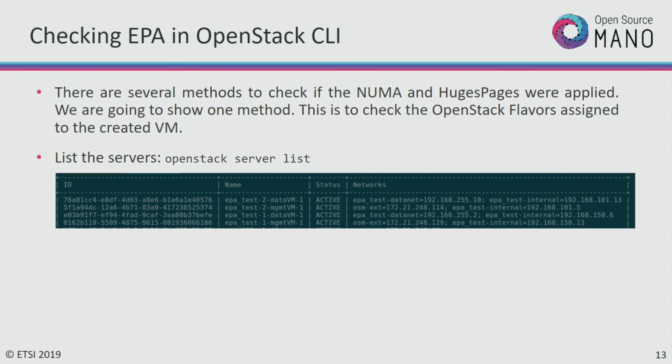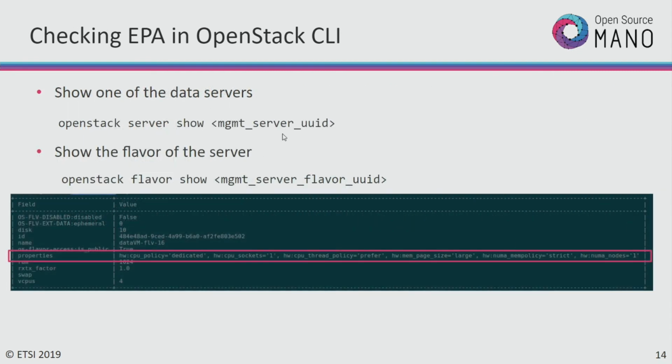You need to first list all the VMs. You do that by saying openstack server list. From those servers, you need to look at the one that you are going to check its properties. After that, with the command openstack server show, you will see which flavor your VM is using, and then you can ask for information on your flavor using openstack flavor show.